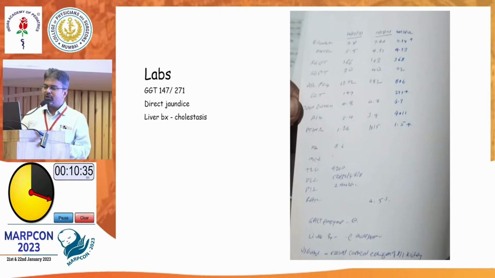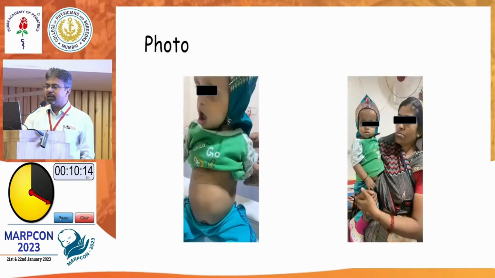So what we are looking at is a disease where the GGT is high and the PT-INR is deranged, but at the same time the child has severe failure to thrive. The other tests done were the GALT enzyme, a liver biopsy suggestive of cholestasis, and an ultrasound that showed some raised cortical echogenicity. This was the child. So can anybody comment on this child?